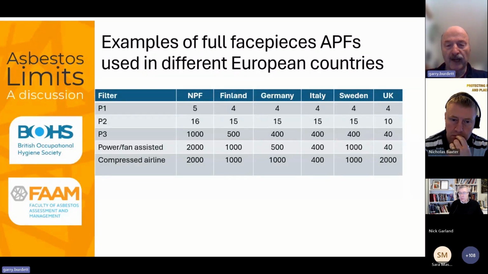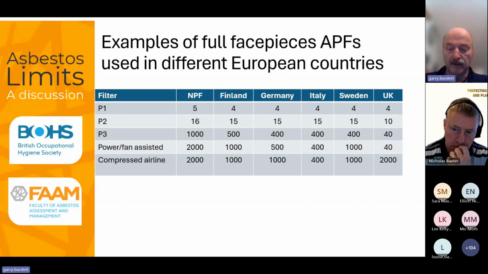And you can see there's a factor of 10 difference, 40 and 400 for the P3, and then a factor of 25 difference between the power fan assisted, which is what most people use inside the enclosure. So that's order of magnitude differences for the same RPE equipment.